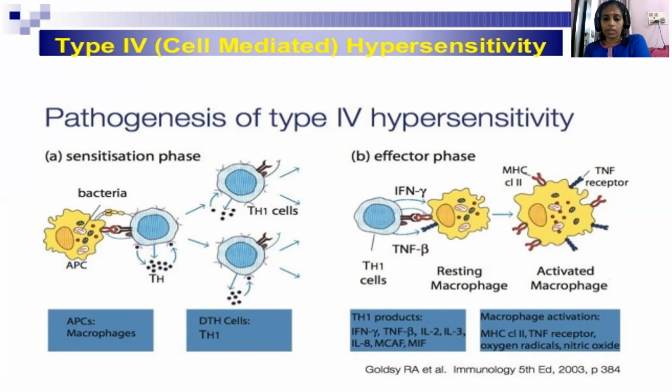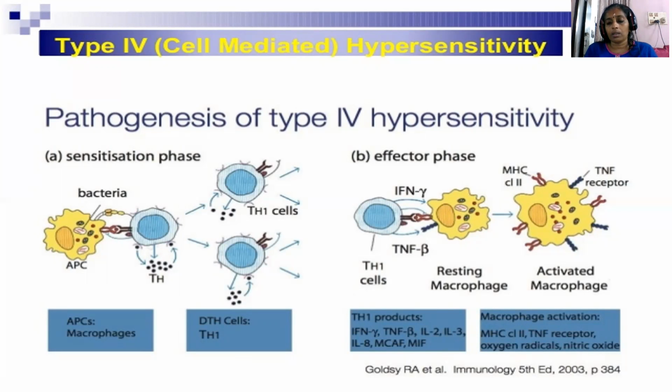Here the T helper cells, along with TNF alpha and interferon gamma, will act on the resting macrophages. It activates the macrophages, and they act on the MHC, and finally the activated macrophages express the class 2 MHC molecule, TNF receptors and other things.